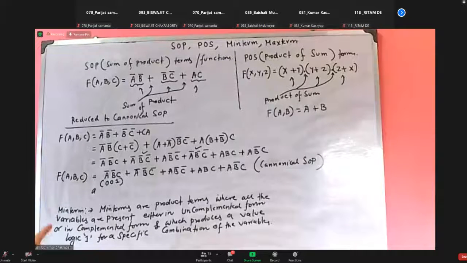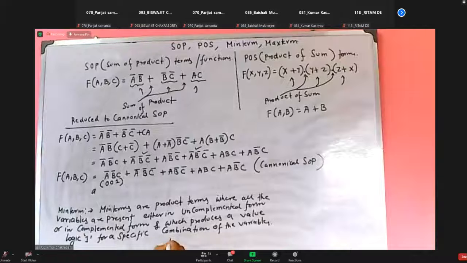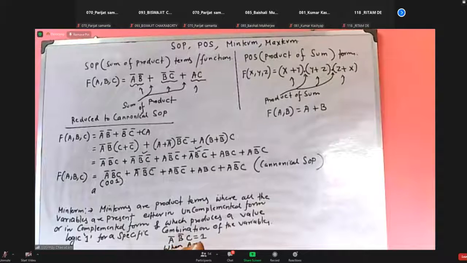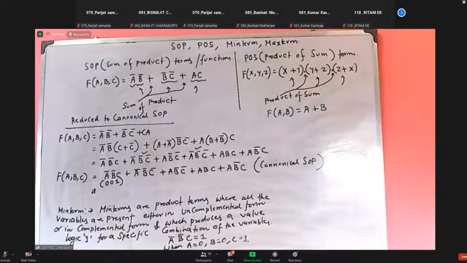So for which combination will A bar, B bar, C be 1? A bar, B bar, C is 1 when A is 0, B is 0, C is 1. বুঝা গেছে? A bar, B bar, C টা কখন 1? যখন A 0, B 0, C 1. Yes sir, বুঝেছি.